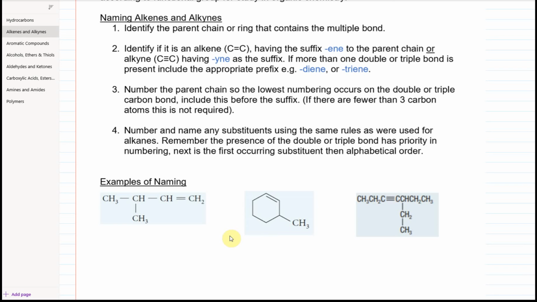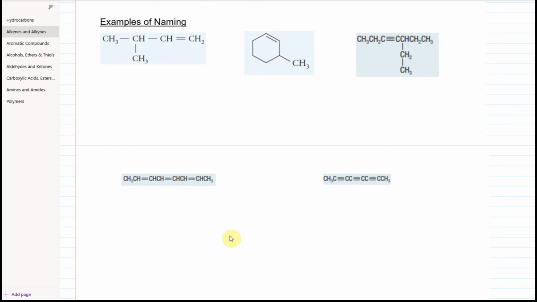We want the lowest possible numbering on the double or triple bond. So we'll go through some of the naming based on those rules. Again, please make sure you've referred to the rules so you understand the basis of what I'm doing.